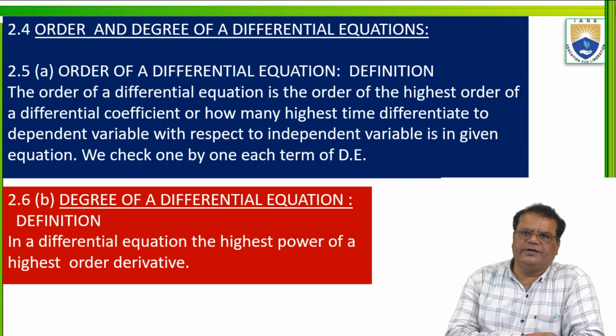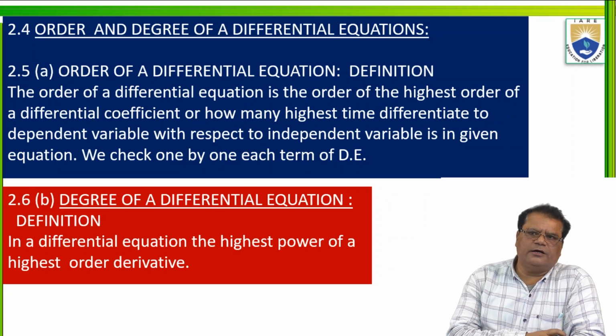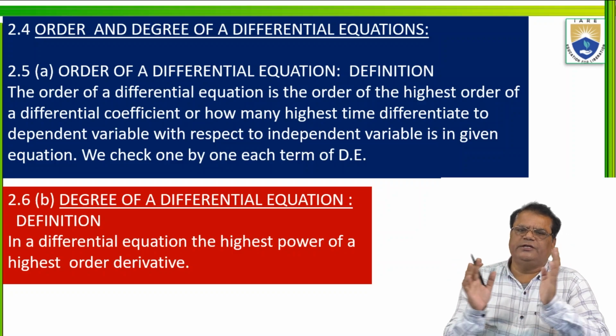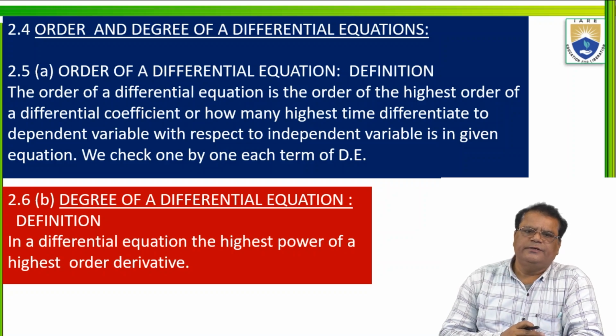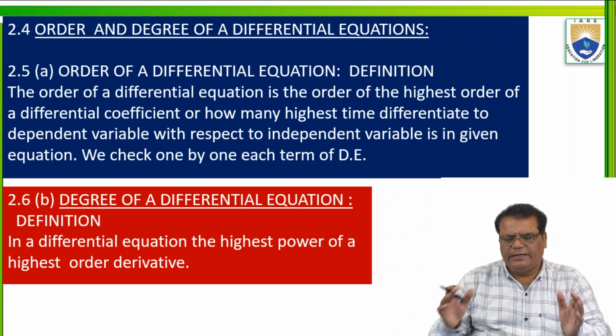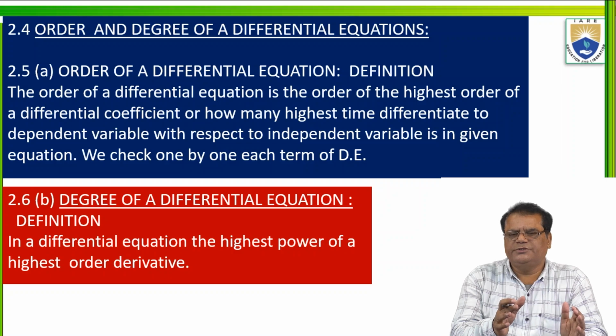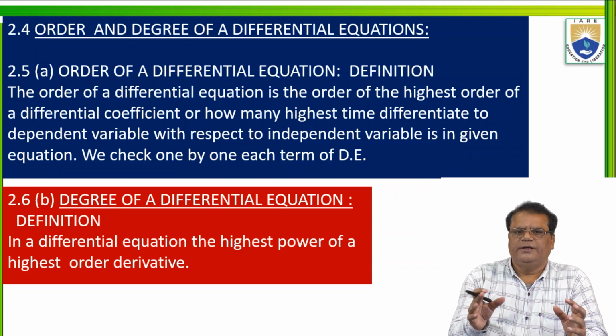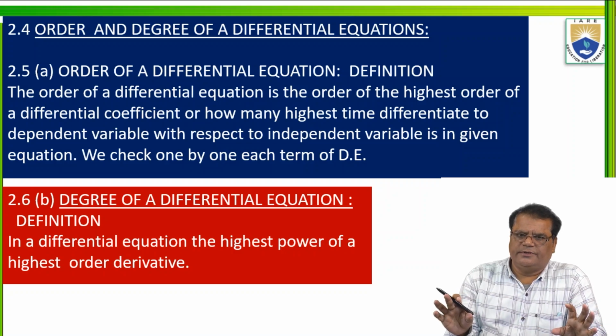The order of a differential equation is the order of the highest order differential coefficient. In any differential equation, we see the highest order. There are several terms in our differential equation, means there are 3 terms, 4 terms, 2 terms. In all terms, we are checking the derivatives.